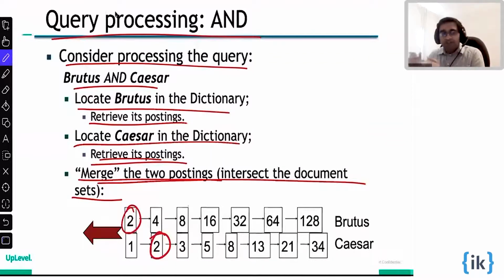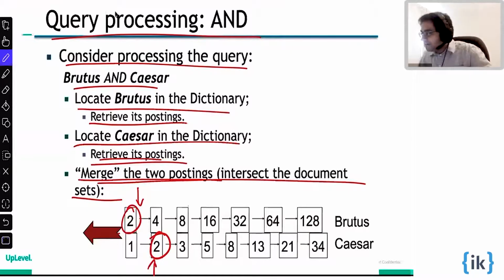Those are the documents which contain both of the terms. And without going into details, this is very similar to how we do merge in merge sort, and we just follow a two-pointer pass pattern to walk through these two lists using two pointers in a way that collectively both pointers are seeing the numbers in increasing order.